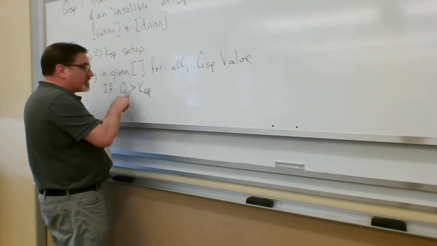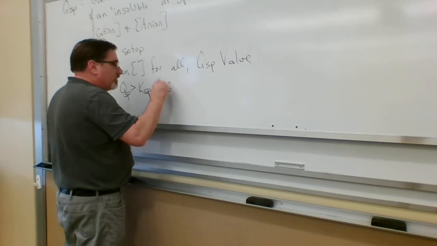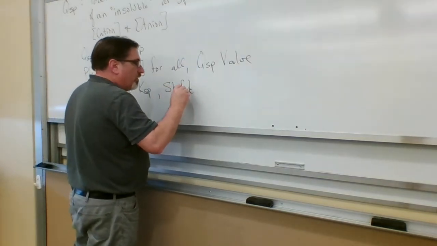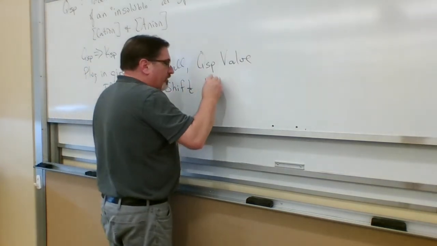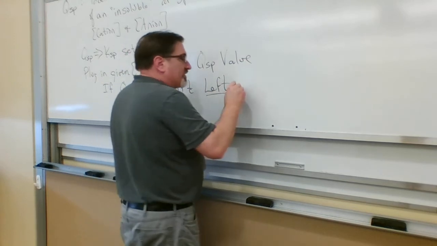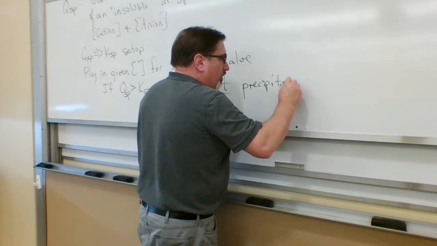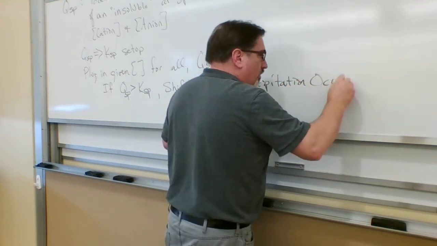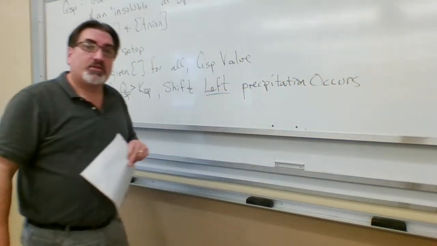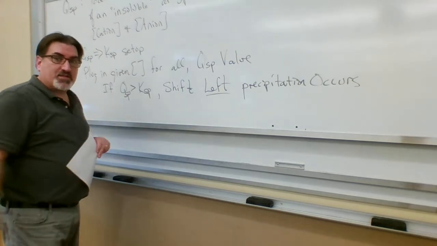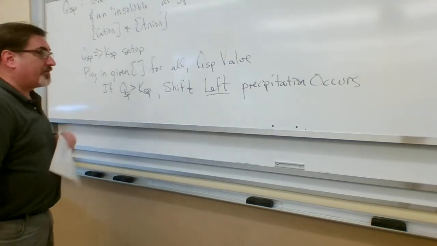So when QSP is greater than KSP, we're going to shift left and precipitation occurs. That means you can't make a solution of those ion concentrations. There's too many ions present, some of it's going to precipitate.